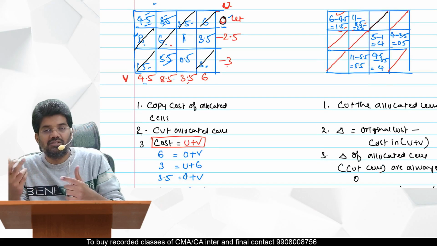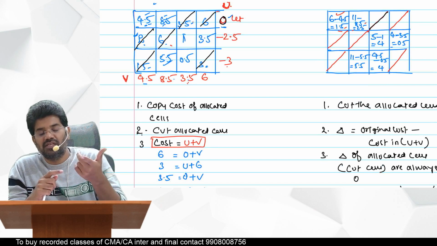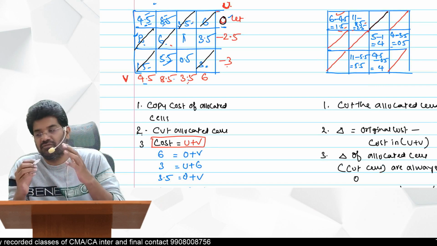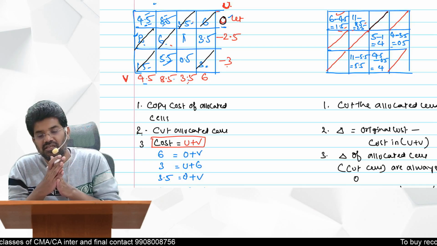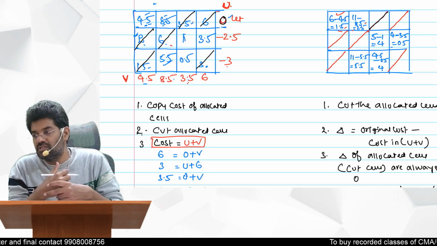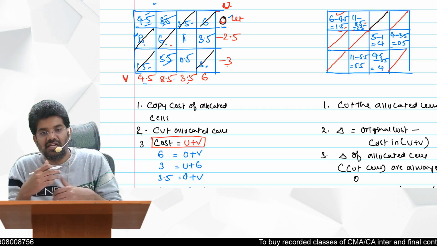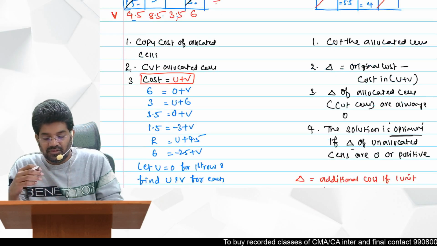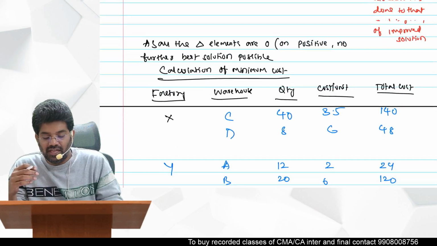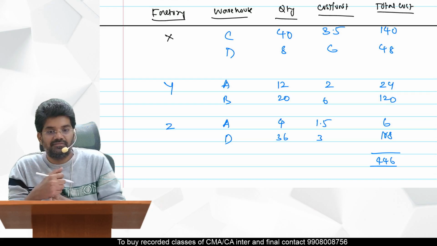Similarly, one more case is degeneracy. If your m plus n minus 1 condition is not equal to the allocations, we call it degeneracy. These are the cases in transportation. So here, without any improvement, directly we got the solution.